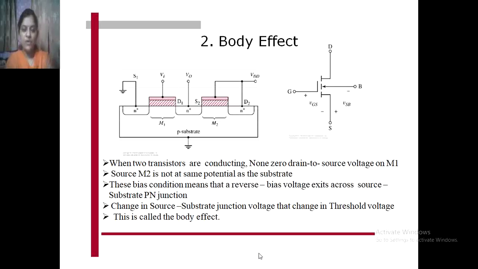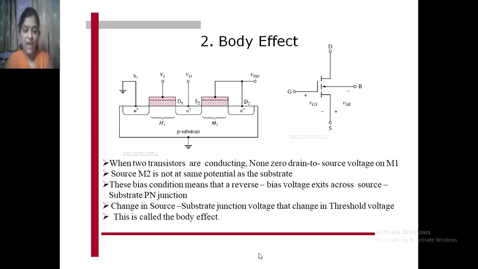The figure shows the MOSFET. When two transistors are conducting with non-zero drain to source voltage on M1, the source of M2 is not at the same potential as the substrate.